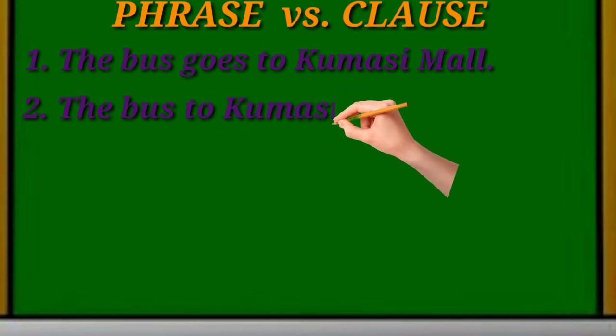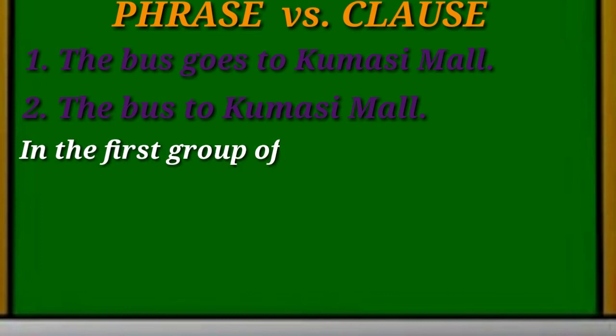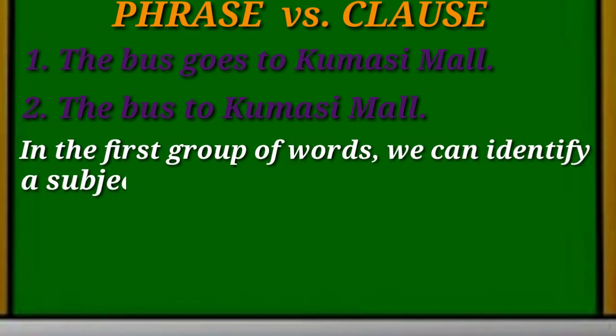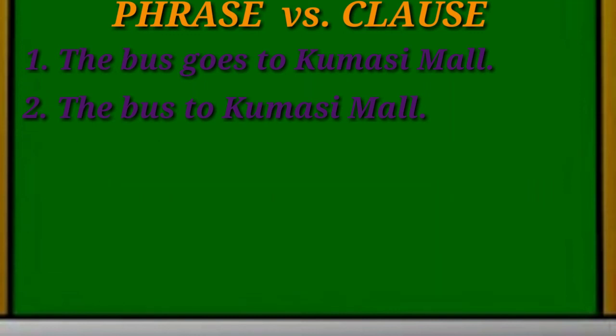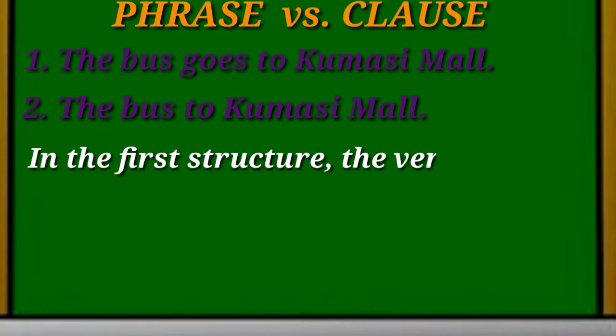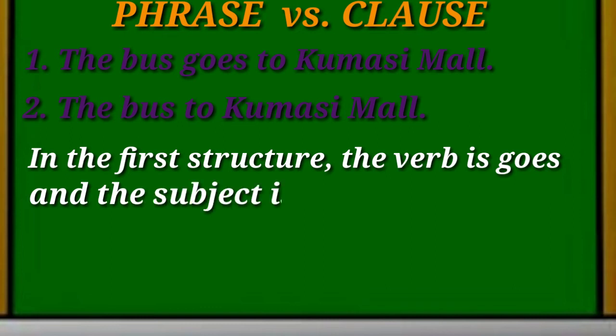The bus to Kumasi Mall. In the first group of words, we can identify a subject and a verb, while in the second, we cannot. Again, in the first structure, the verb is goes and the subject is the bus.